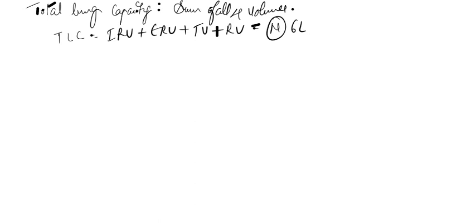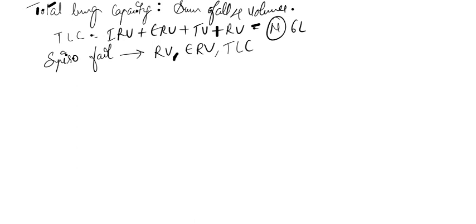Now, general spirometry fails to give which measurements? It fails to give residual volume, expiratory reserve volume, and total lung capacity. This residual volume and ERV combine to form what we call functional residual capacity.